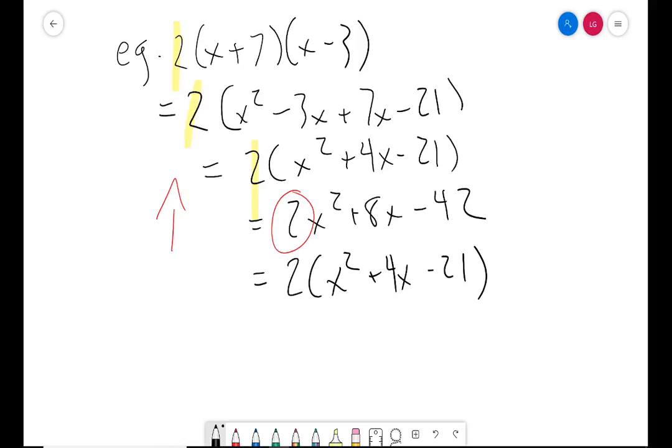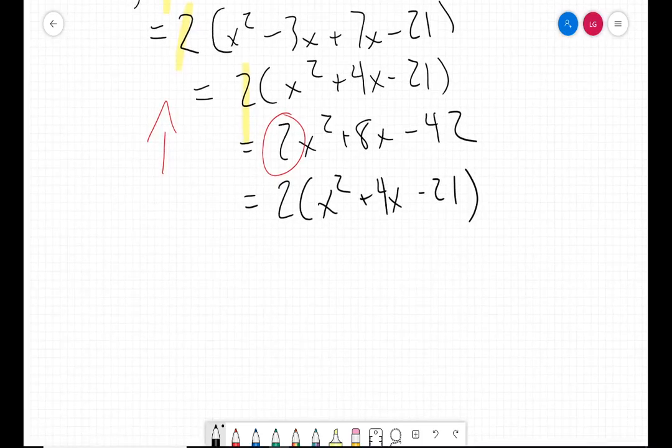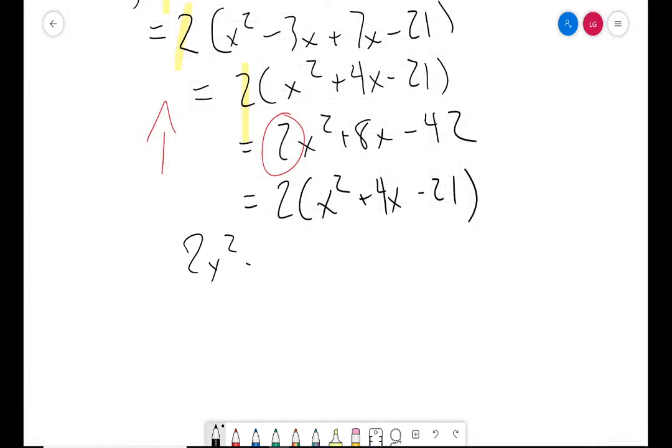Interestingly, this 2x squared plus 8x also factors like this.